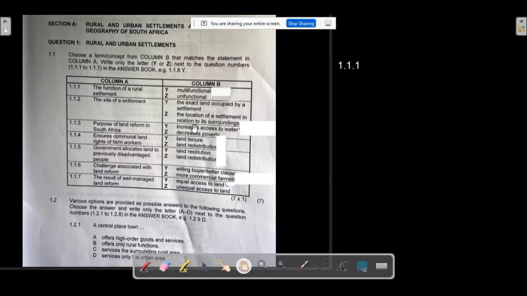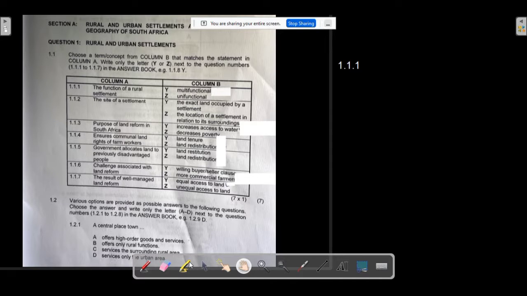Okay, let's begin then. This is question 1, and it's a match. We're matching the concept from column A with the corresponding letter in column B.